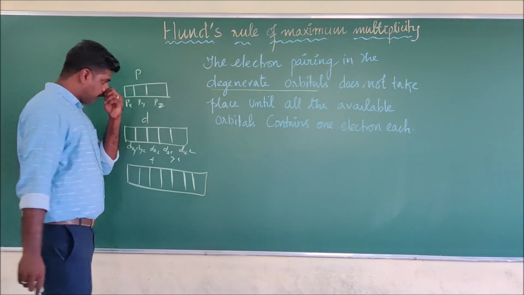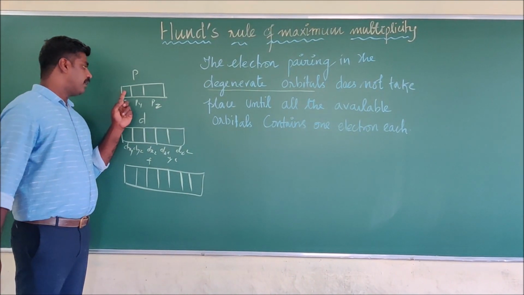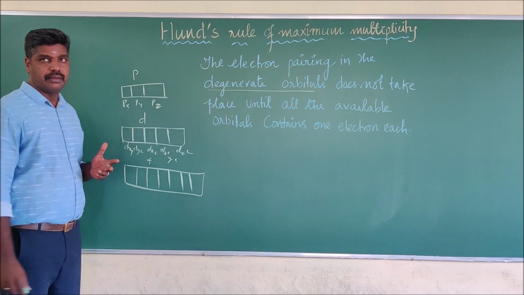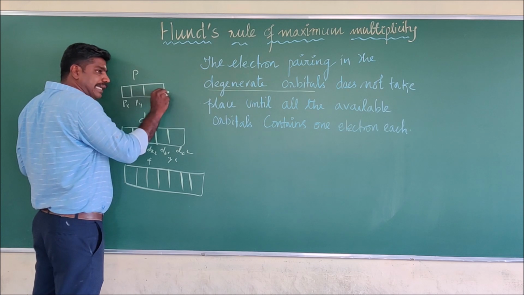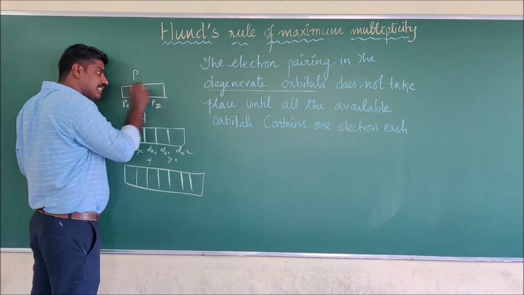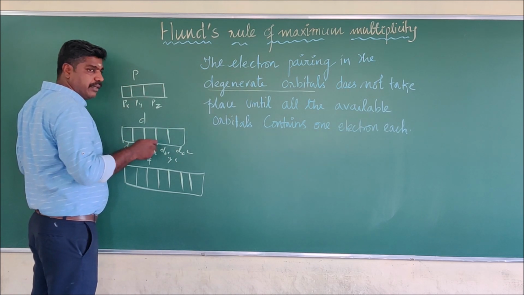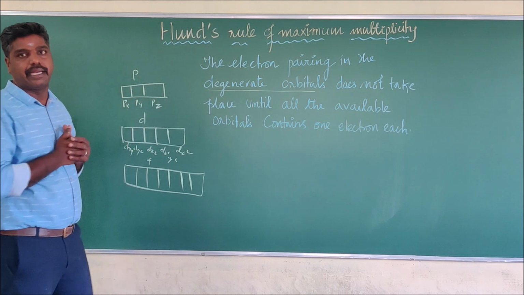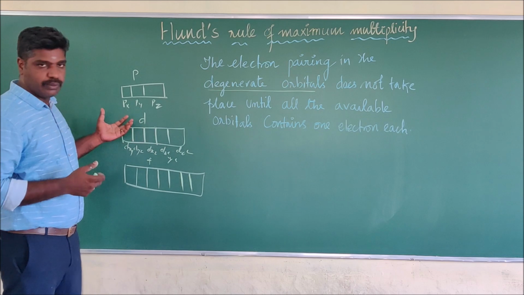Here, for example, the p orbital has 3 suborbitals, d has 5, and f has 7. While filling electrons in the p, d or f orbitals, first you should fill singly, then only fill in pairs. Let me show one example.